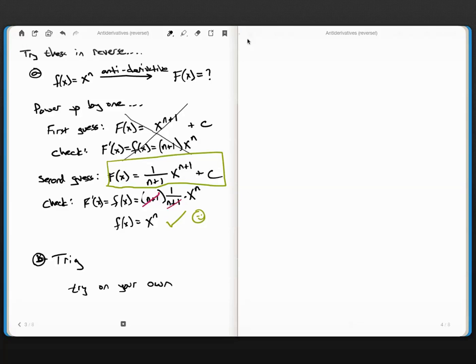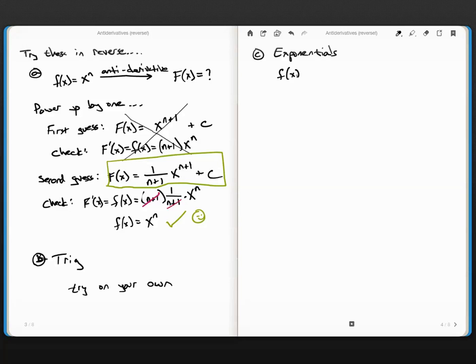All right, and then over here we have a little more room, so we'll do some exponentials over here. All right. So we'll do it the same way.